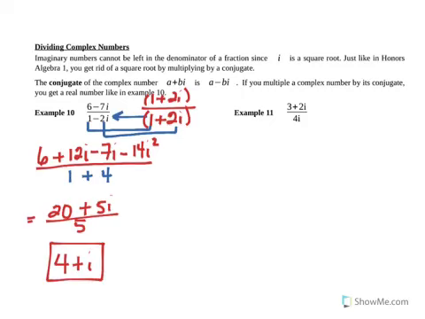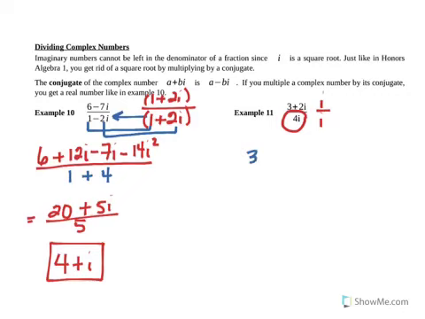Let's take a look at example number 11. In the case of example number 11, the denominator doesn't have a binomial. It just has a monomial, right? So I don't need to multiply by a conjugate here. What I can do is I can just multiply the top and bottom by i. What's going to happen is the i's in the denominator are going to become i squared, and that's negative 1, and that's a real number, and that's all I really am going for.